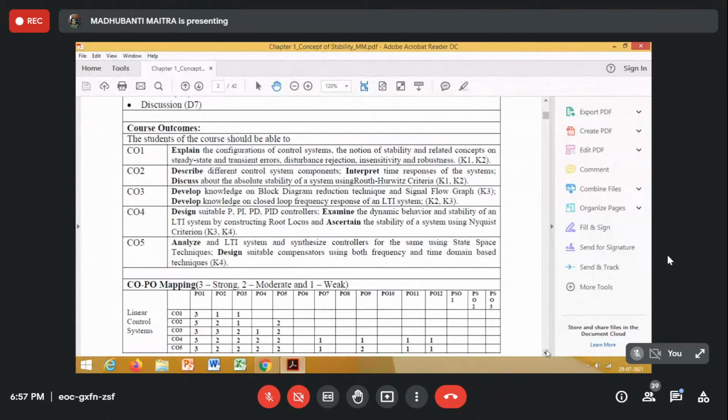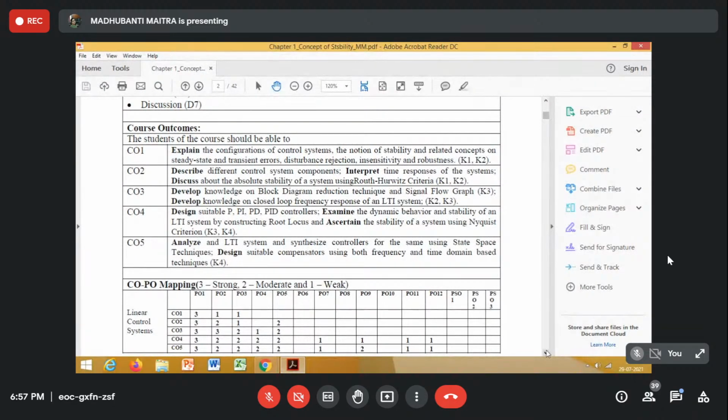Now, the third CO, CO3: the students should be able to develop knowledge on block diagram reduction technique and signal flow graph, and on closed loop frequency response of an LTI system. The full form of LTI system, I guess you know because already you have done a course on system theory. It is linear time invariant system.